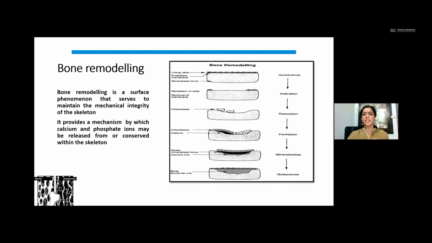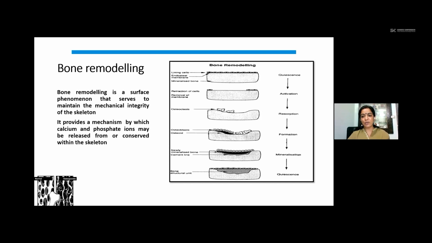In place of these cells, osteoclast cells come up and get attached to the bone surface. As you know, osteoclasts cause bone resorption.